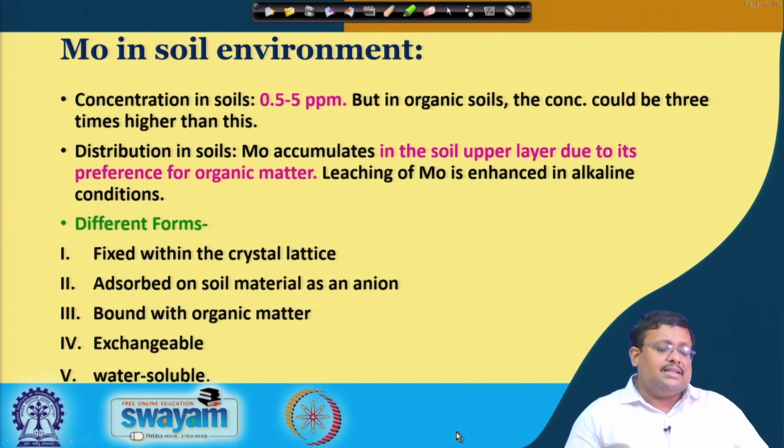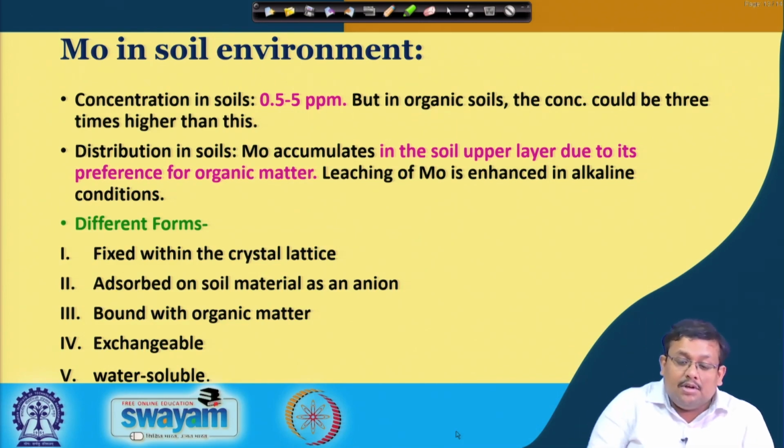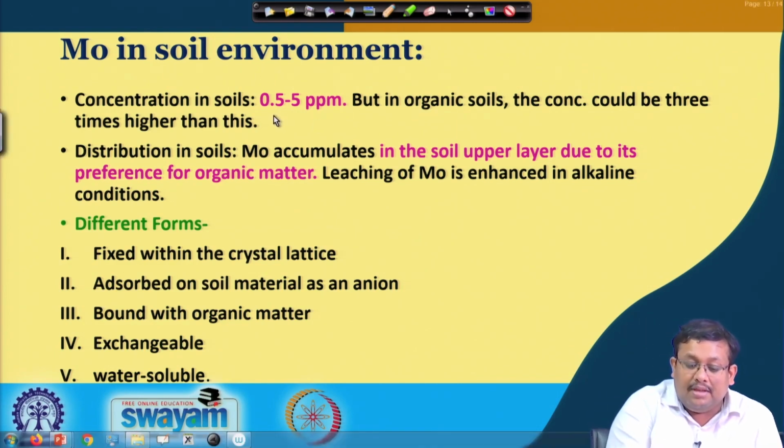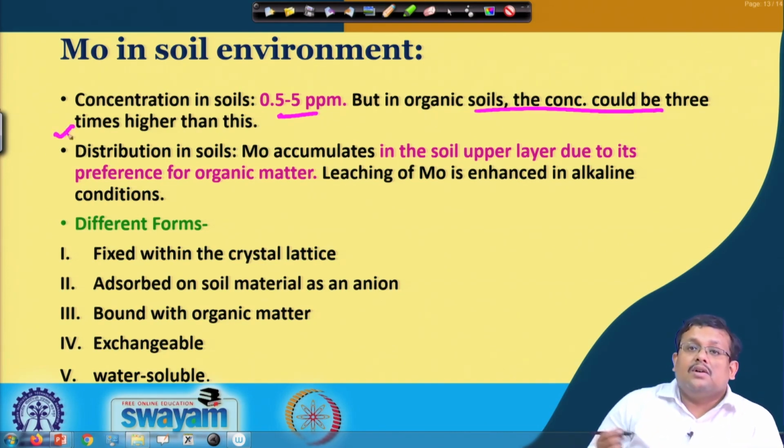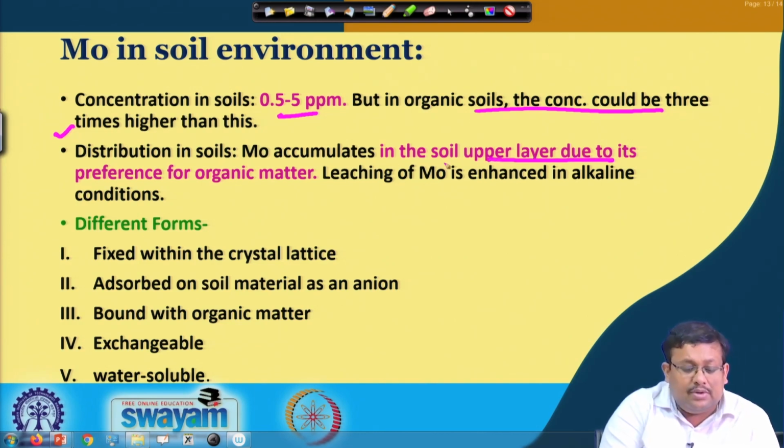If we consider molybdenum in the soil environment, its concentration generally varies from 0.5 to 5 ppm, but in organic soil the concentration could be 3 times higher, because organic matter has more binding capacity for trace elements due to the chelation action. Molybdenum accumulates in the upper soil layer due to its preference for organic matter.